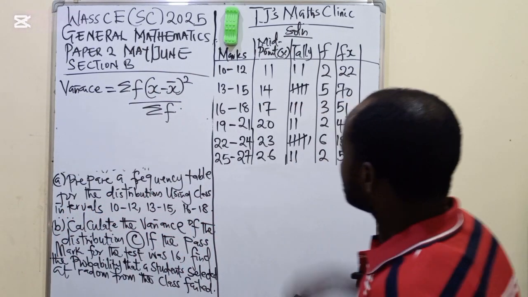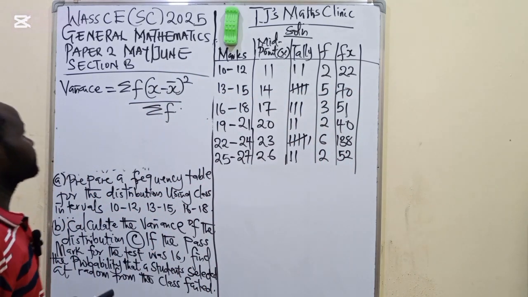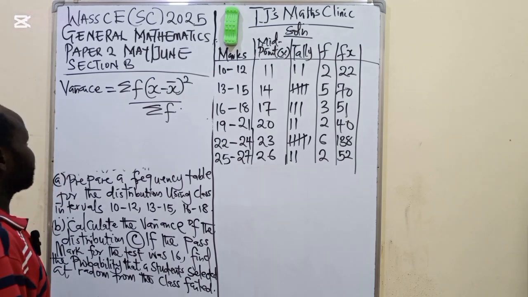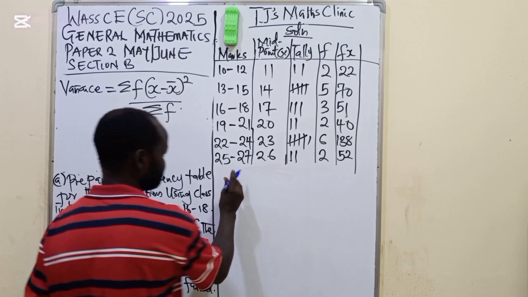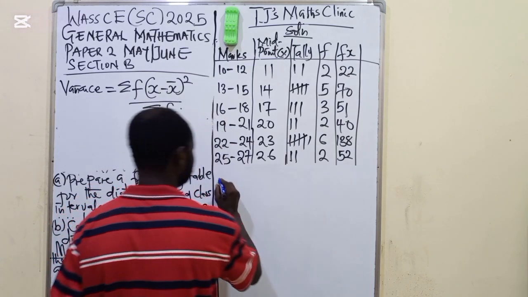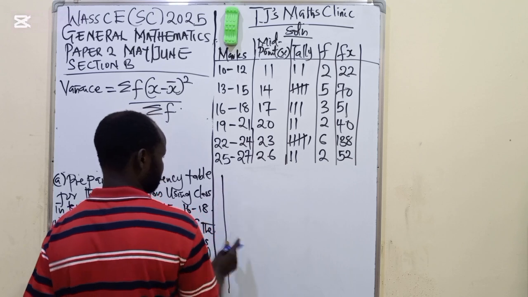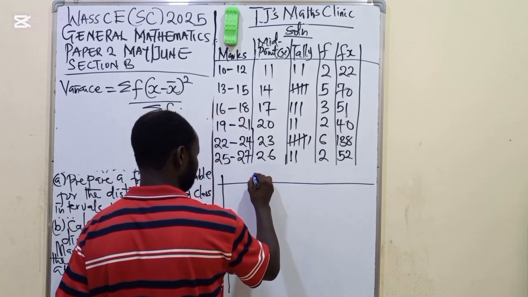So it means we need a column for x minus x bar, then (x minus x bar) square, then f into (x minus x bar) square. So we need like 3 more columns. Permit me to create those columns here. Let me draw it here like this so that we can have another column here because of the space.